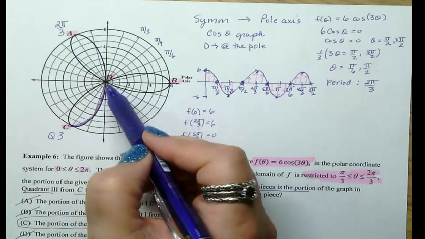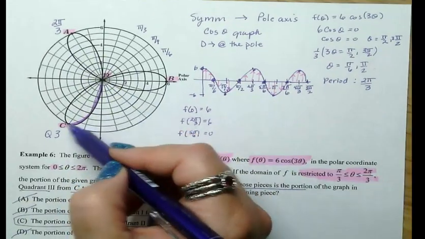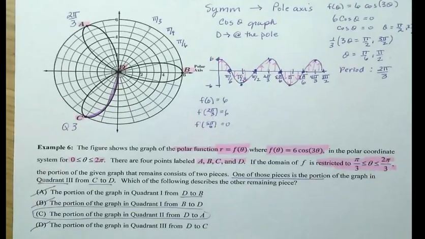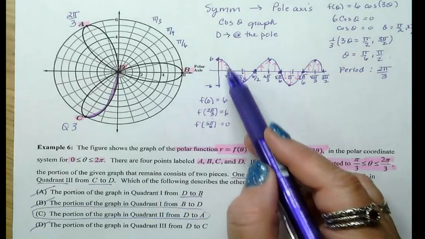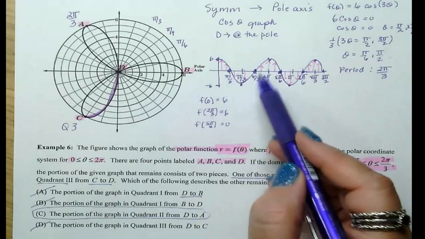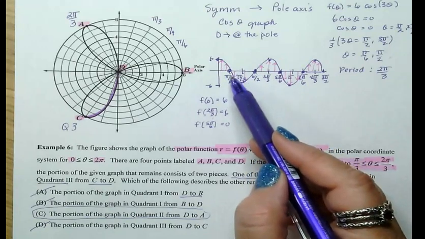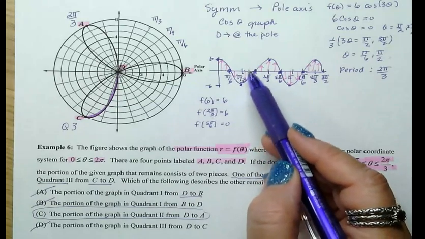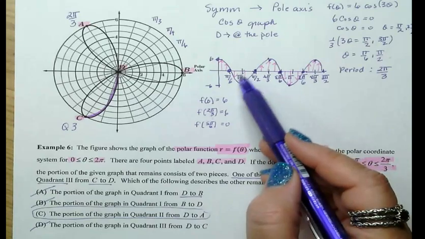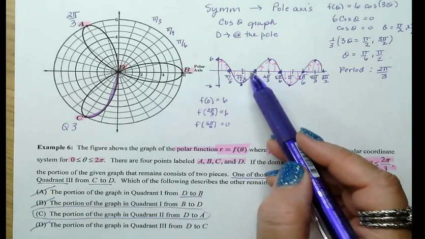Then that pattern repeats. So we knew that this is the piece that we were talking about from the description. As I worked through my values and my graph, knowing this is positive, the values start big and get small. In this part of my graph, it's starting small, and then those negatives are getting to a bigger number, and then it starts getting smaller again, moving up toward the pole again.